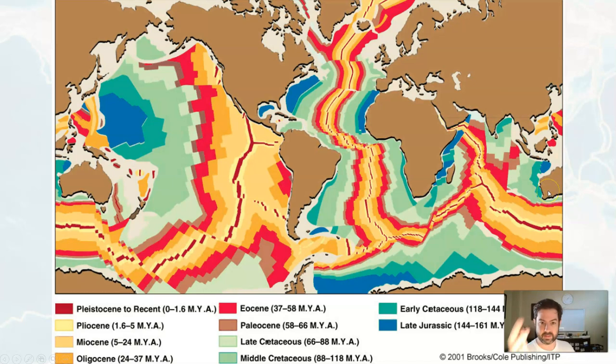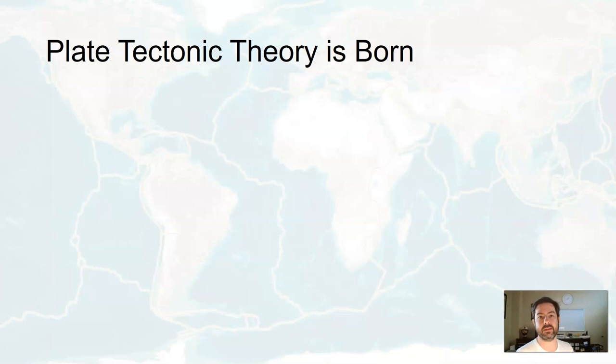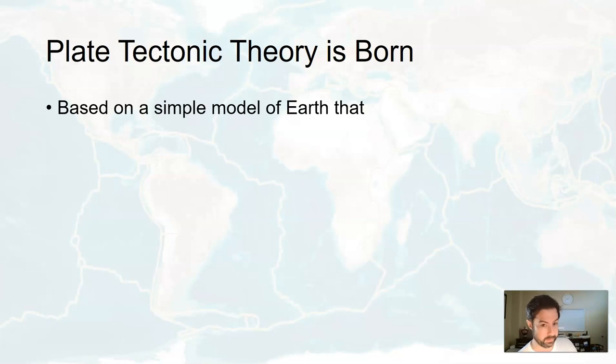So putting everything together, magnetism, seafloor spreading, mapping the oceans, the ideas of continental drift, the mechanism of mantle convection, finally plate tectonic theory is born. And it's based on a somewhat simple model, we can say that now, that the lithosphere, the crust and the upper part of the mantle of the Earth, is rigid.